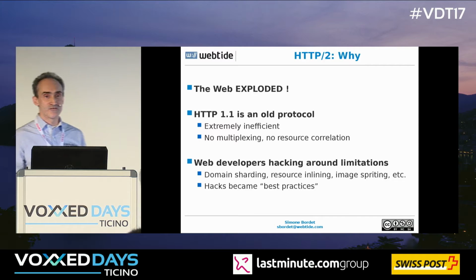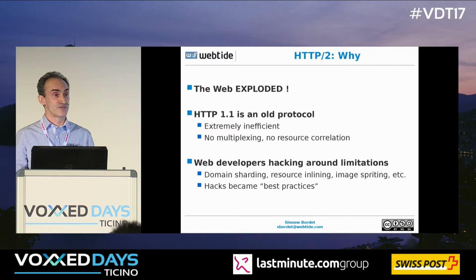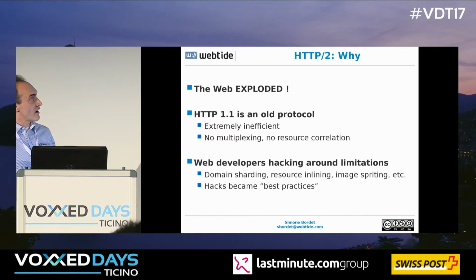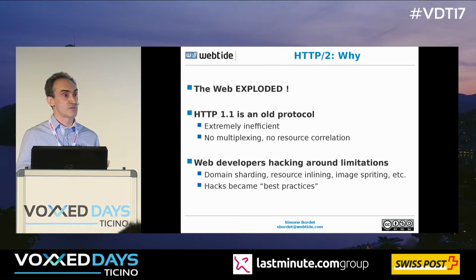HTTP 1.1 is a very old protocol. For today's web, it is extremely inefficient. It doesn't have any multiplexing, it doesn't have resource correlation, and we will see during the presentation what these two terms mean and why they're so important. Web developers are now hacking around HTTP 1.1 protocol limitations.